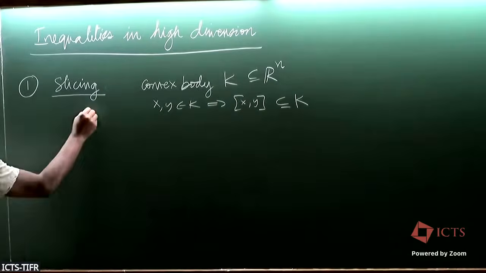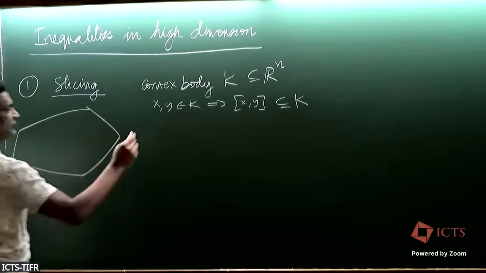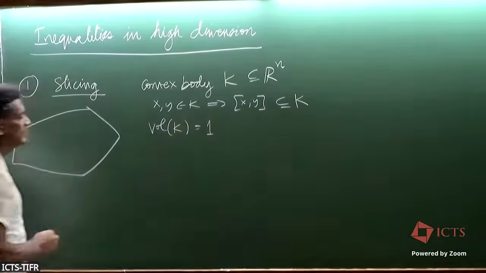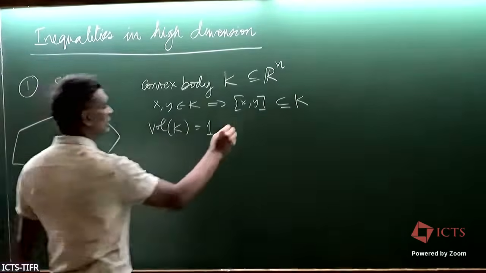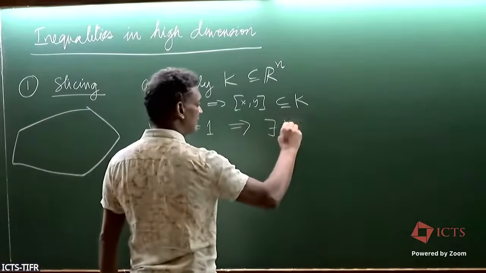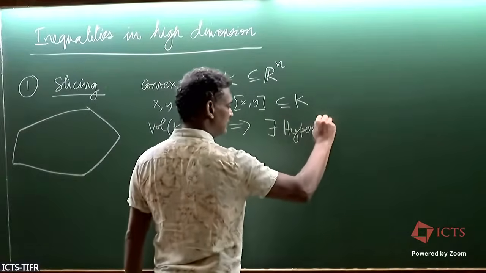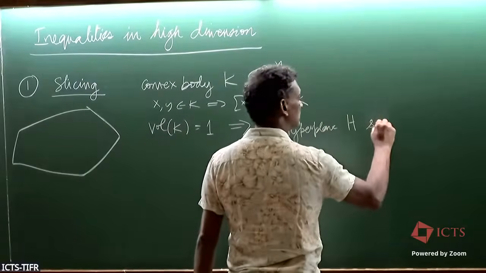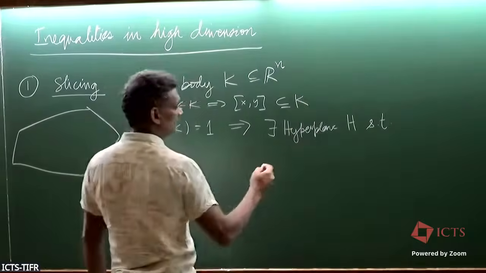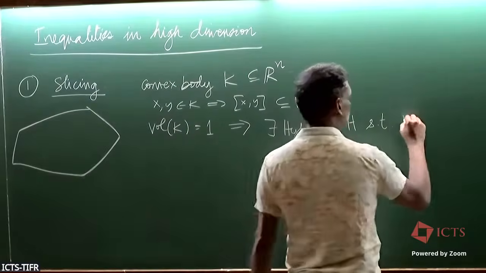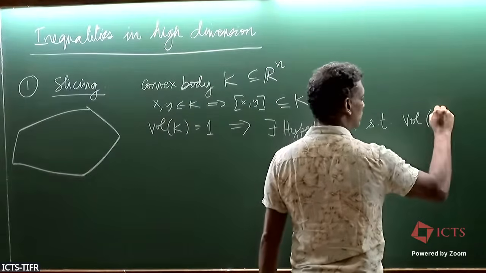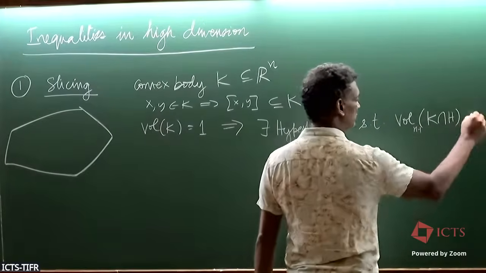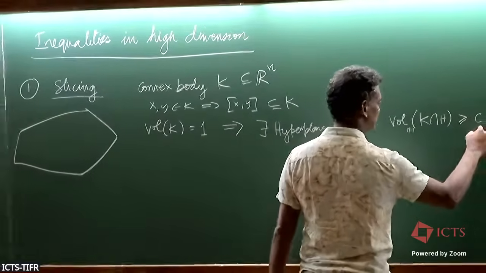So here's the statement. If you take a convex body K with volume 1, then there exists a hyperplane, an (n-1)-dimensional hyperplane H, such that the volume of K intersect H, which is (n-1)-dimensional volume, is at least a universal constant c.